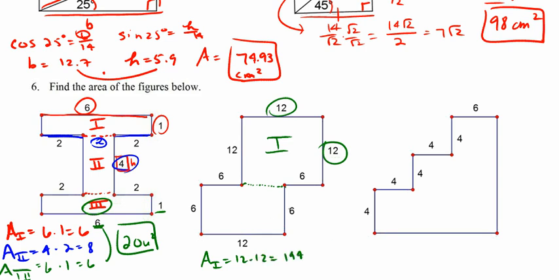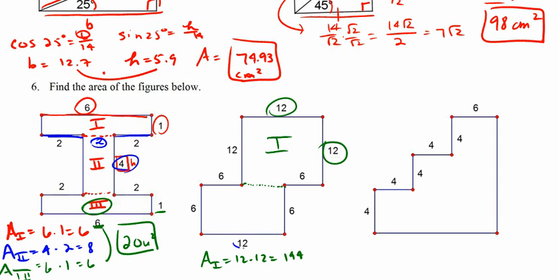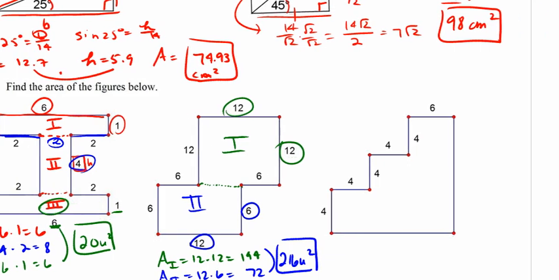And then down here, let's change to a different color so you can keep track. I've got a base of 12 and a height of 6, so the area of 2 is 12 times 6, which is 72. If I add these two together, I get a total of 216 units squared.